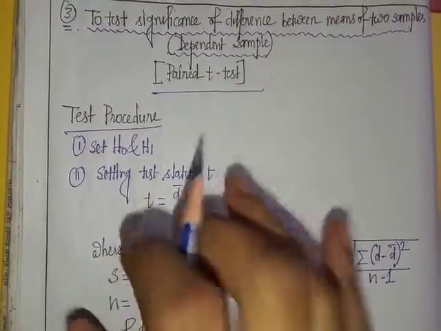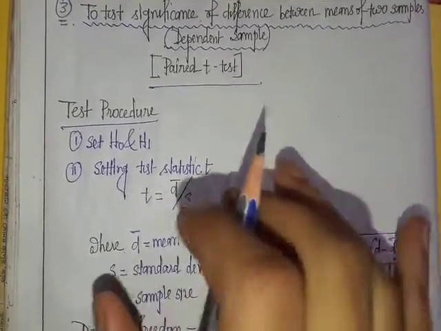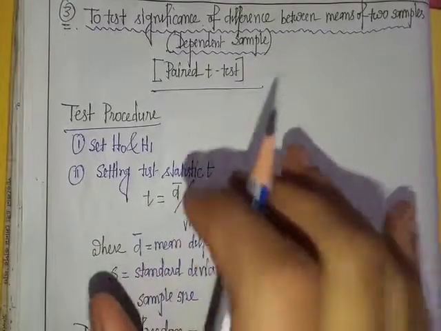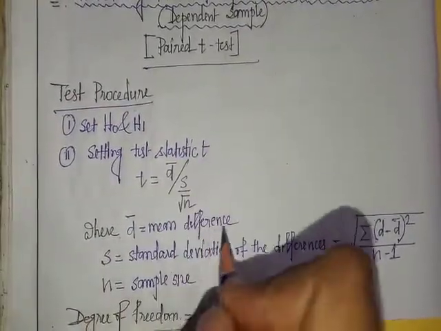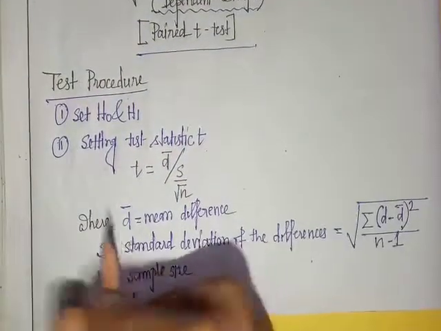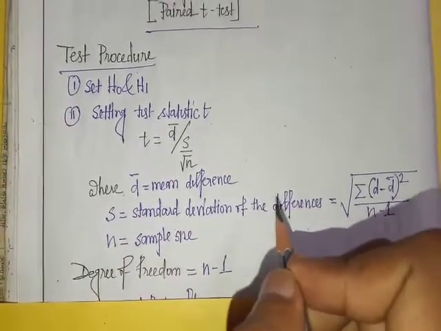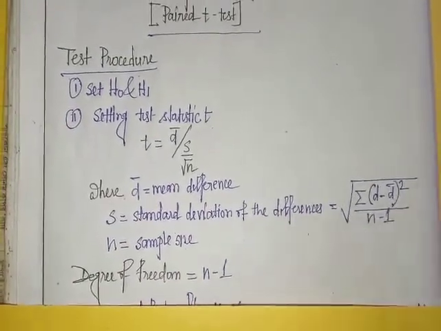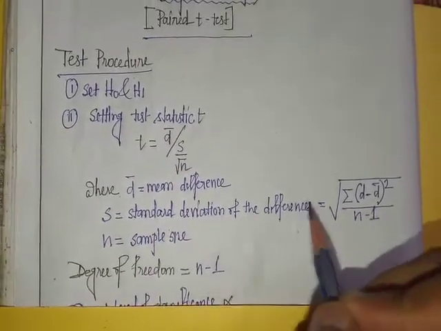d bar means mean difference. Sometimes d is also called mean of increment. s is called the standard deviation of the differences.